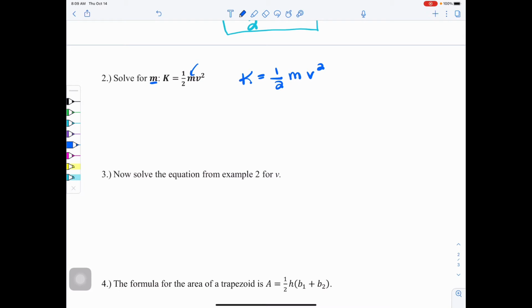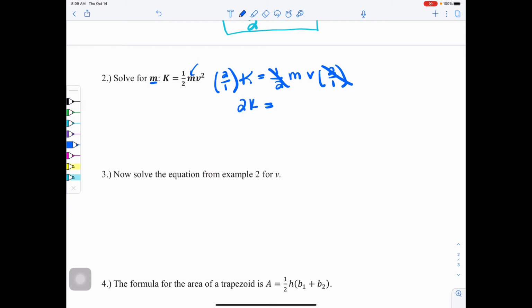So whenever we want to get rid of a fraction, we are going to multiply by the reciprocal. So I'm going to multiply by 2 over 1, the reciprocal of 1/2. Whatever I do to one side, I must do to the other. I'm doing that because now my 2 over 1 and my 1/2 will cancel. On the left-hand side, 2 over 1 is the same as 2, so 2 times k would be 2k.